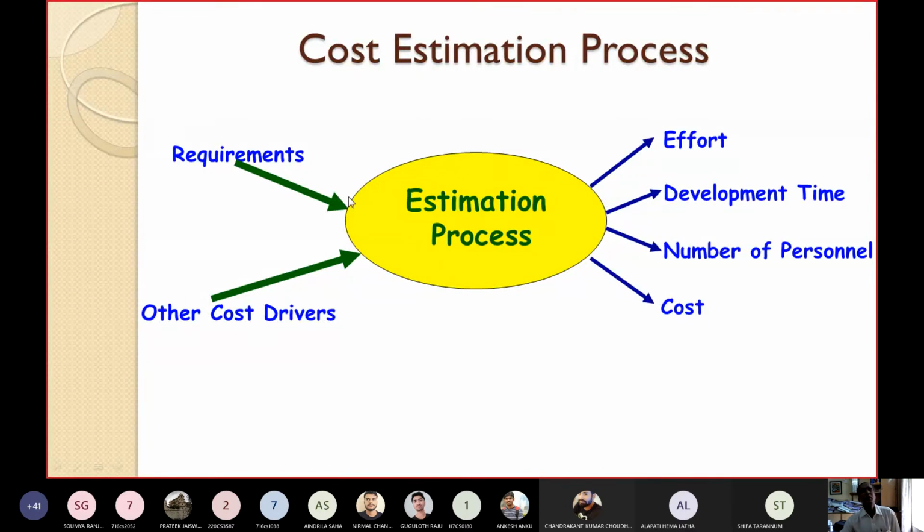For the estimation process, we have to take into account the requirements and the other cost drivers. This may give rise to the effort that will be required, the development time required, the number of personnel required, and the cost required for developing the project. So this is the overall view of the cost estimation process.